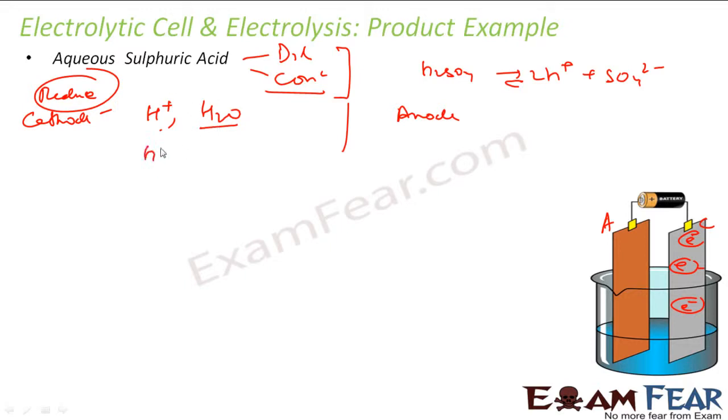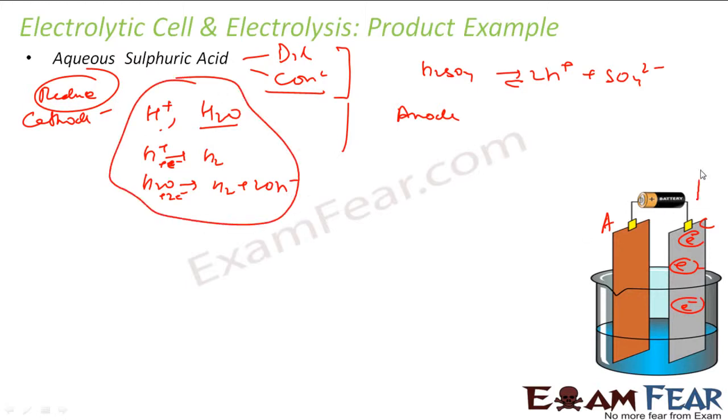If you reduce H2O, it will take electrons and become hydrogen gas and 2OH minus. So in both cases the only gas coming out from here is hydrogen gas. Done, no issue. Let's talk about the anode.